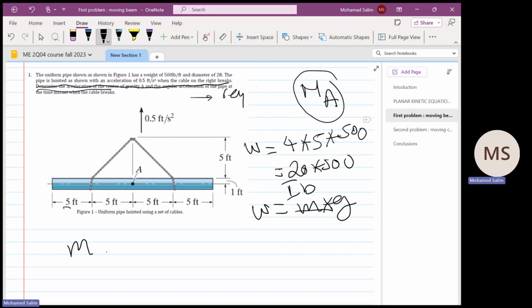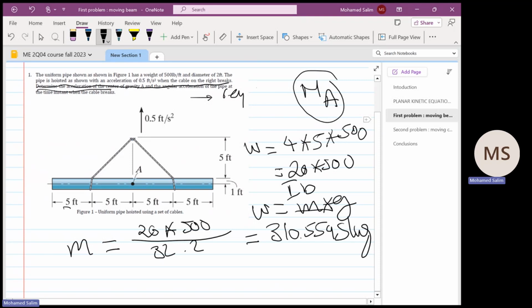So the mass will be 20 times 500 divided by 32.2, which is 310.559 slug.